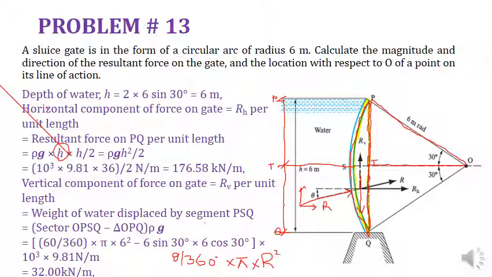The area of a sector is equal to theta divided by 360 into pi into r square.